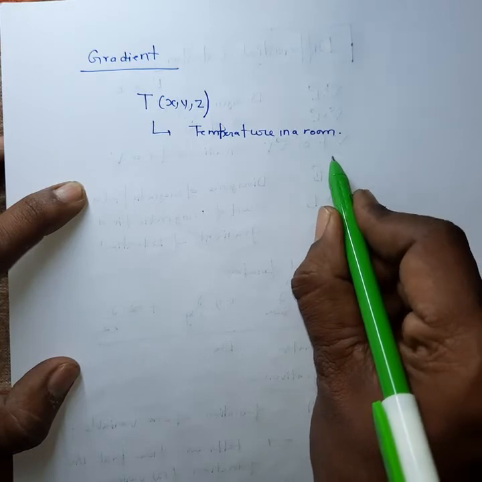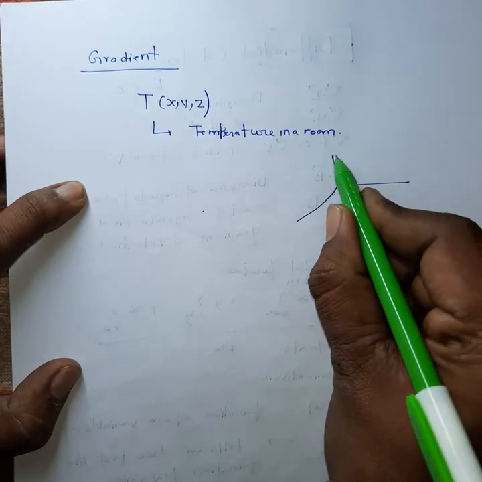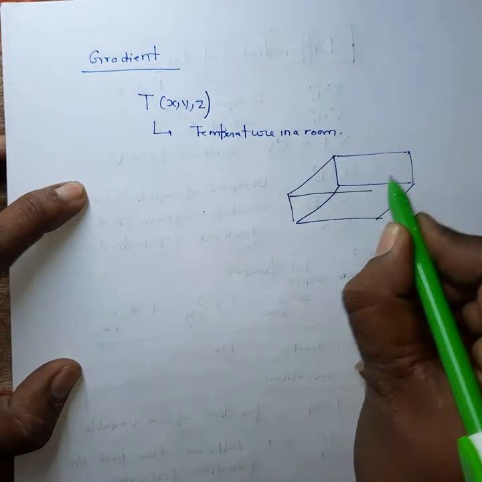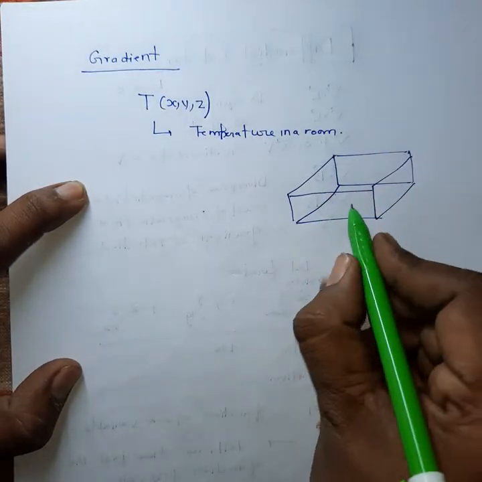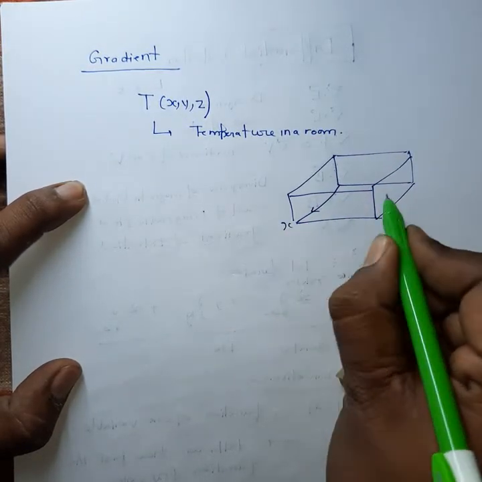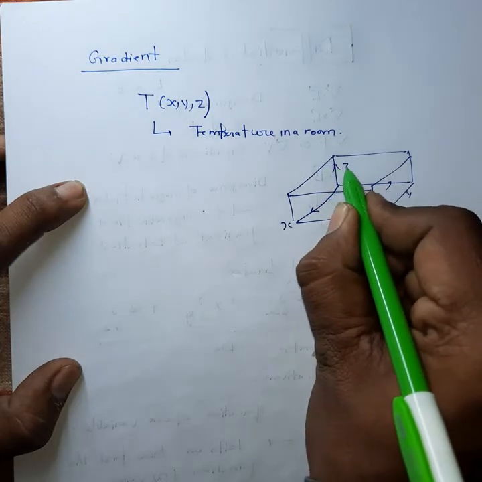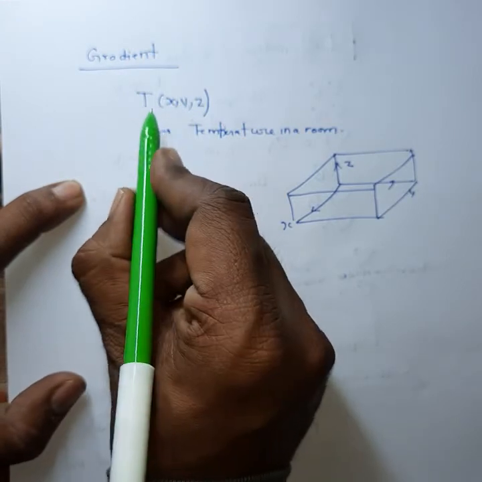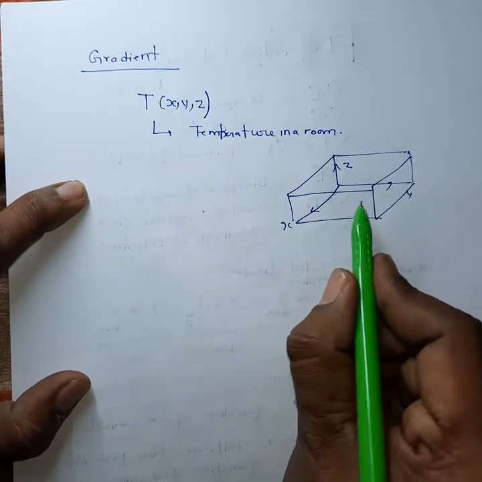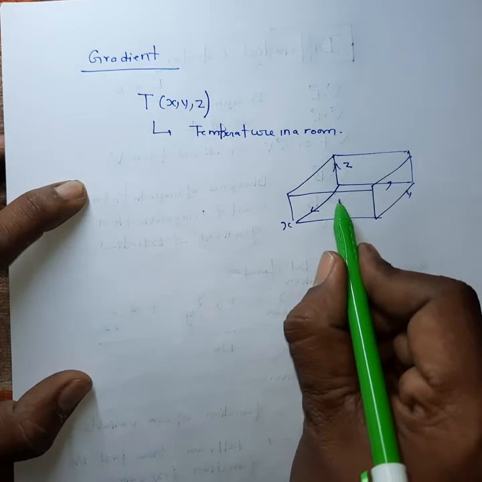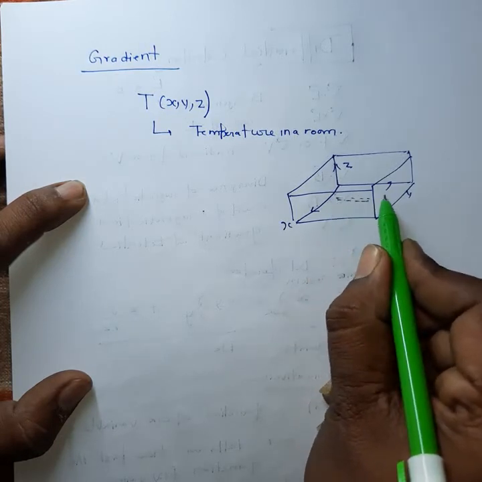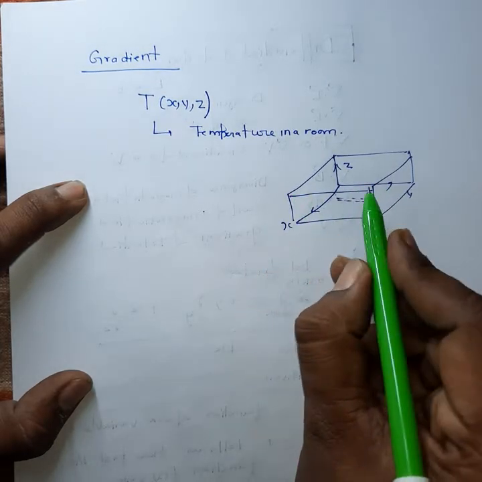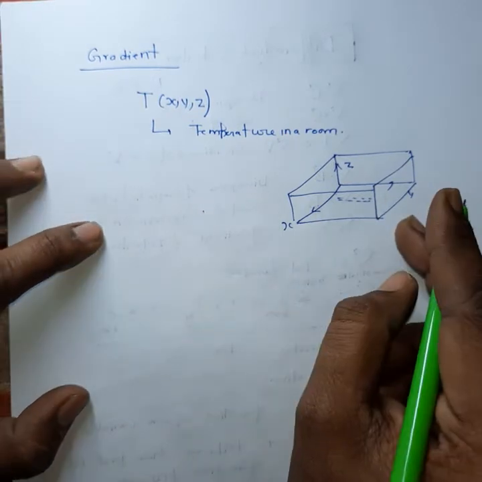In that case, suppose this is your room, and these are your axes: x-axis, y-axis, and z-axis. If T denotes the temperature of the room, then if you move in a plane, if you move in the xy plane keeping z constant, you will get almost equal temperature.